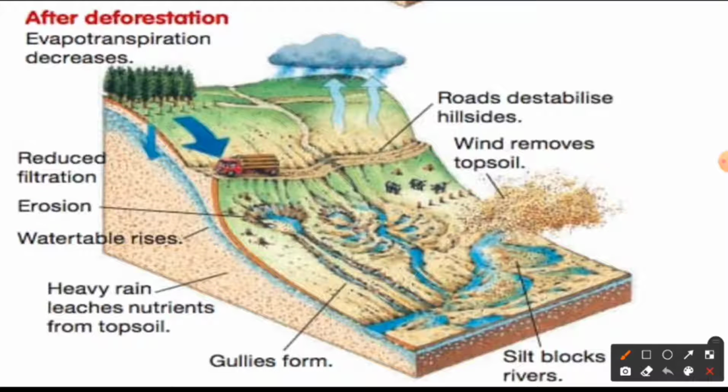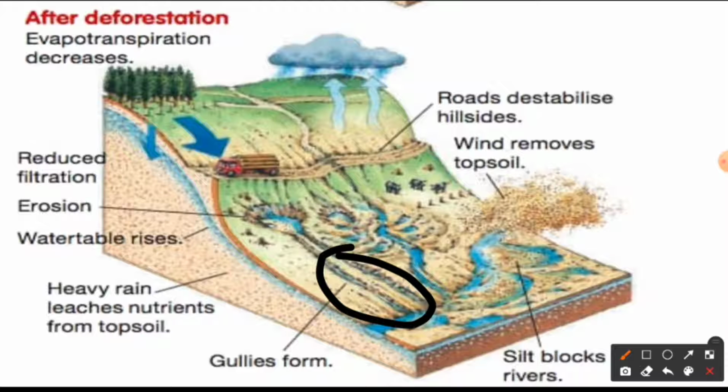Gully erosion means the running water cuts through the clayey soil and makes deep channels as gullies. And the land becomes unfit for cultivation, and is known as bad land.